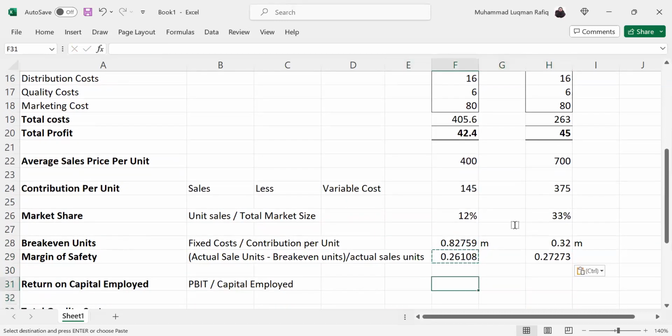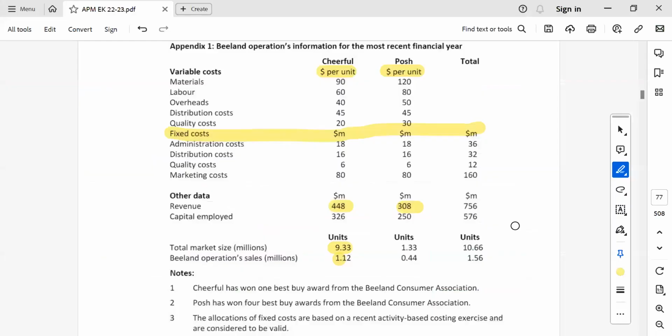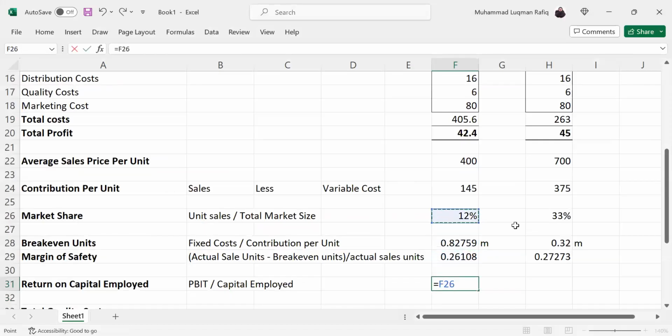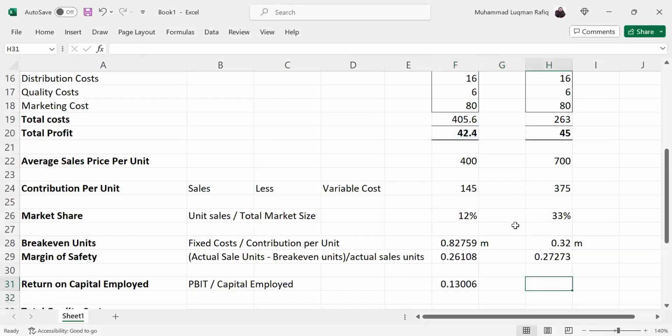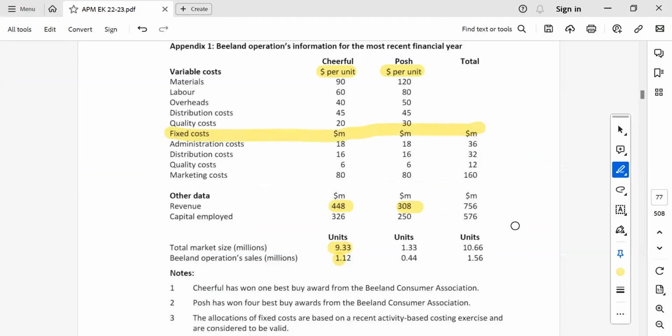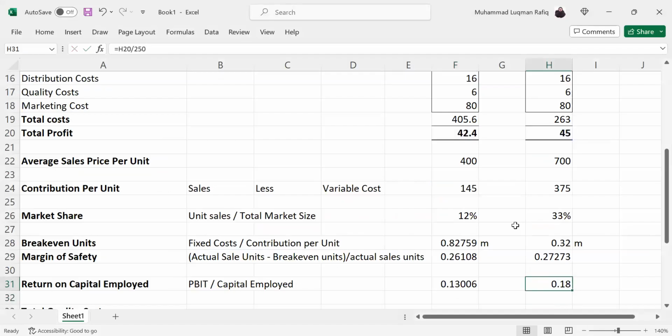The return on capital employed is your profit divided by capital employed of 326 million here. It's gonna be profit divided by 250 million here.